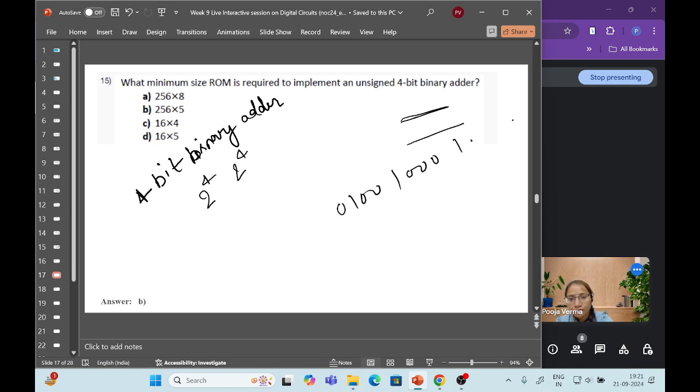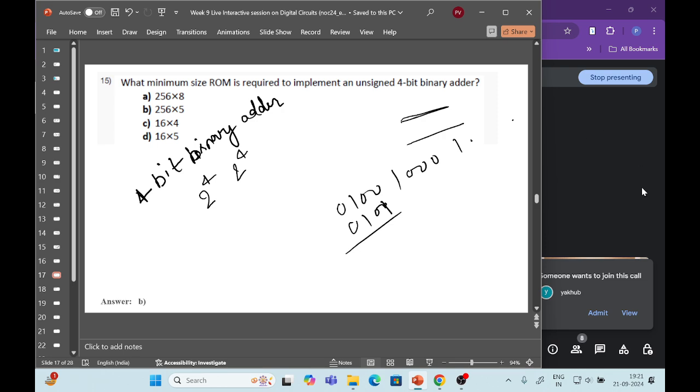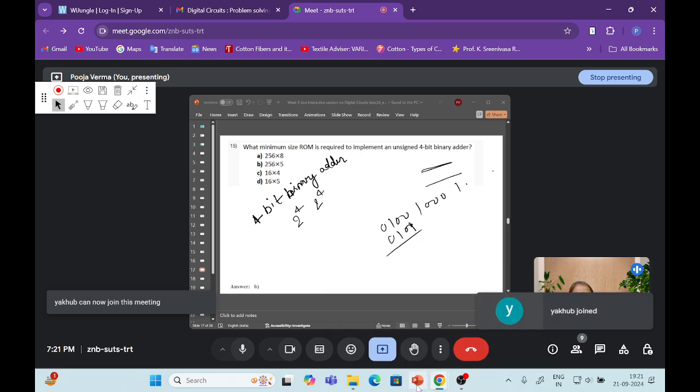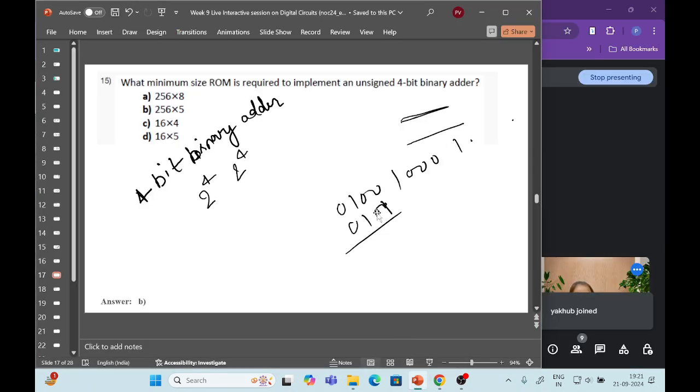And if we add two 4-bit numbers, there is one carry out, so we have to store that as well, because there are 4 sum bits and one carry out, right? That means there are 5 outputs. Here the total possible combinations run from 0000 to 1111.